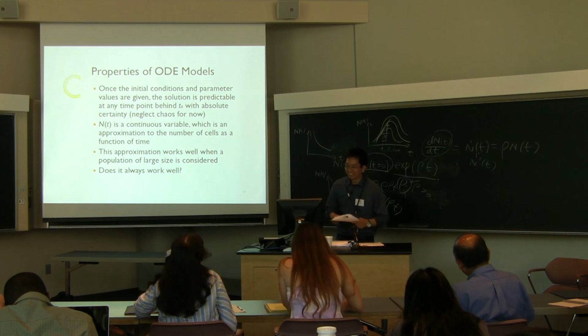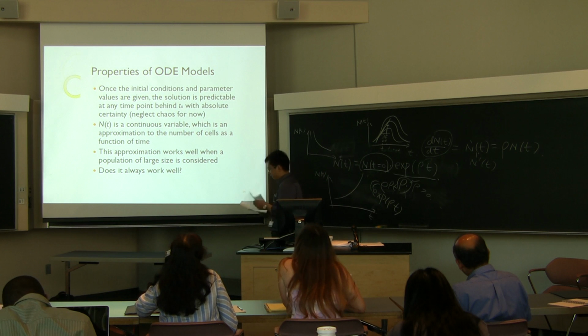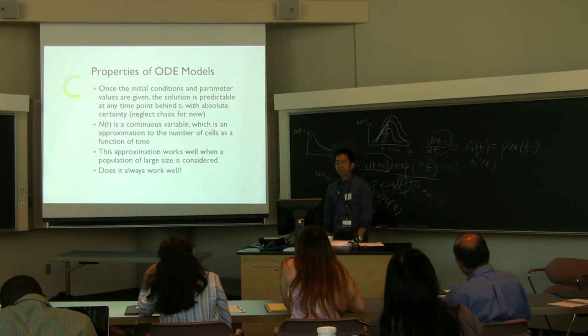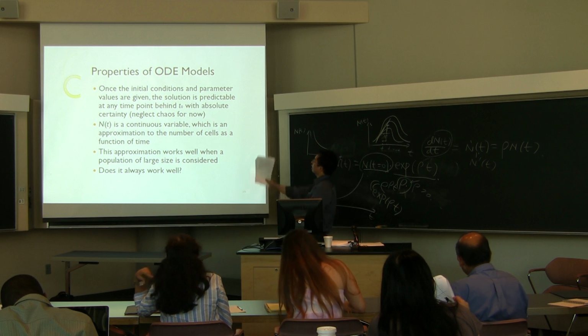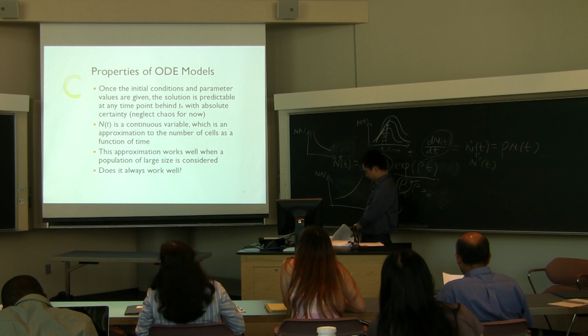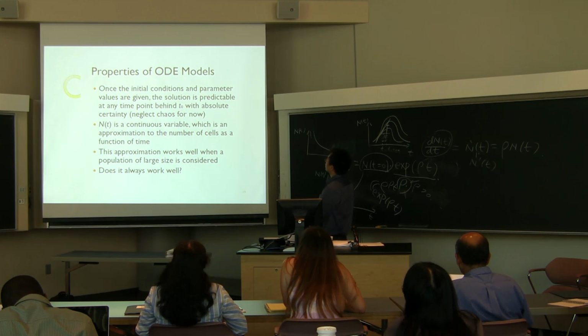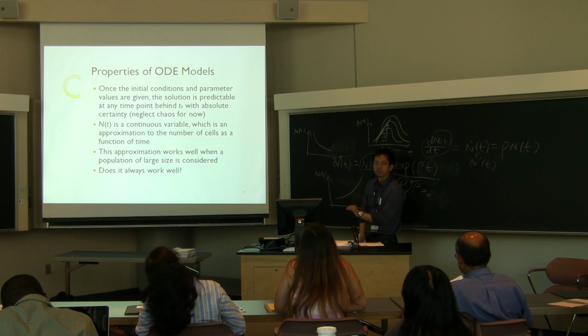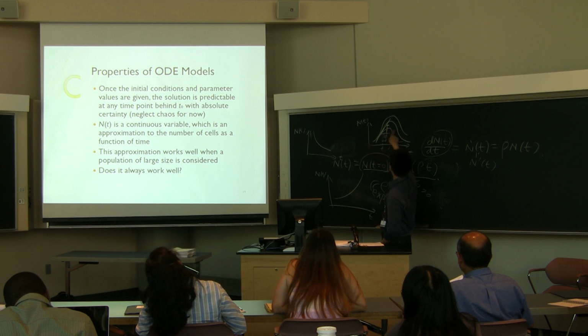So now let's talk about the properties of the ODE models. Once the initial conditions and the parameter values are given, the solution is predictable at any time point beyond t0, our starting time point, with absolute certainty. That's what I just said here.